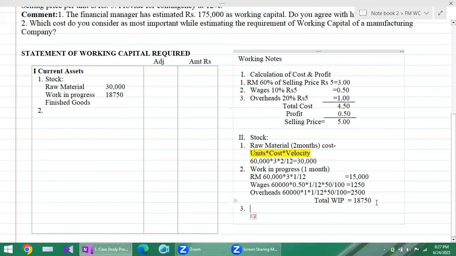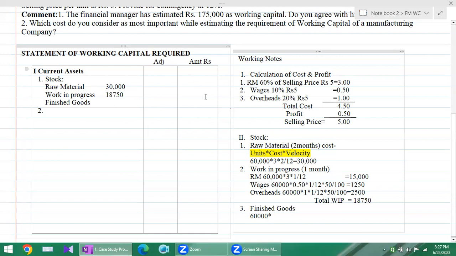The second working note, that is stock of finished goods. Once you practice this, it becomes very easy, dear students. You may feel it as lengthy right now, but later, once you begin, you will get to know. Now here again, the formula is number of units multiplied by what is the cost.